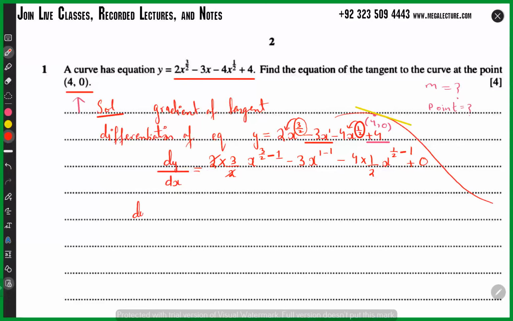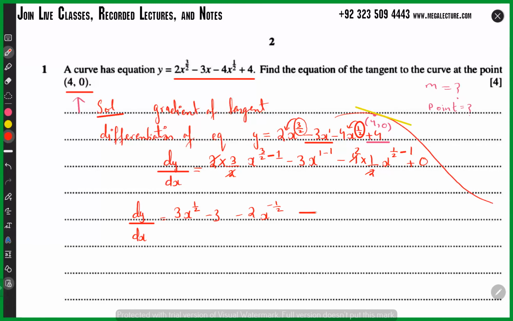Now we know that the derivative is basically equal to 3 into x power 1 by 2, then we have minus 3, then we have minus 2x power minus 1 by 2. Any difficulties with this?